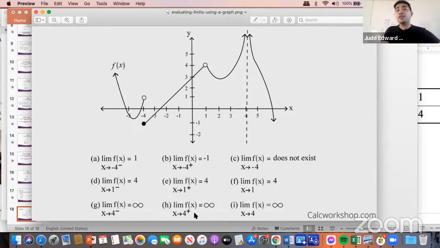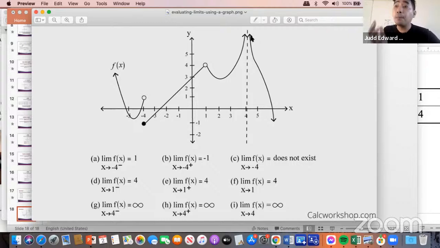Okay. How about if we are given the limit of f of x as x approaches positive 4 from the right? Ano yung nakita niyong graph? Is this still growing positively upward? Yes po. Or what is the answer?